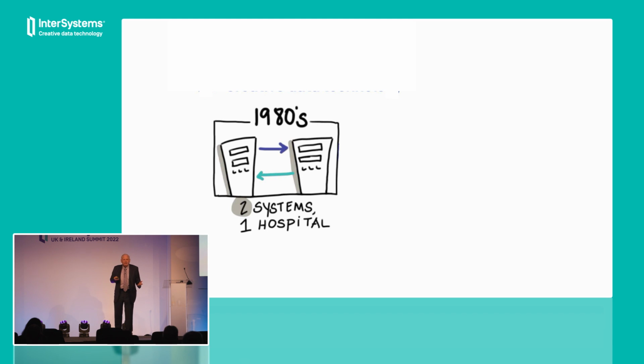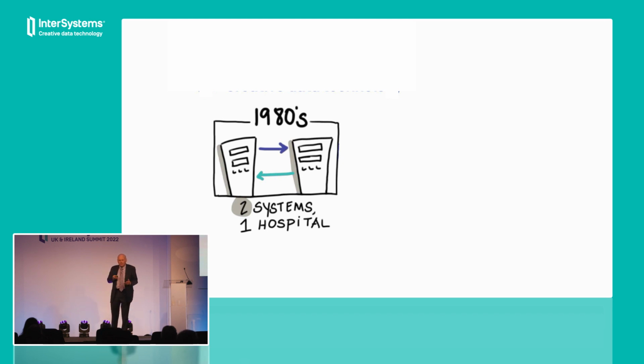And the reason was that hospitals started to have more than one system within the hospital. They had an administrative system, a lab system, a pharmacy system, and they had to connect those systems. It wasn't about exchanging data with other hospitals. It wasn't about people being able to access that data in the systems. It was just about connecting the systems.